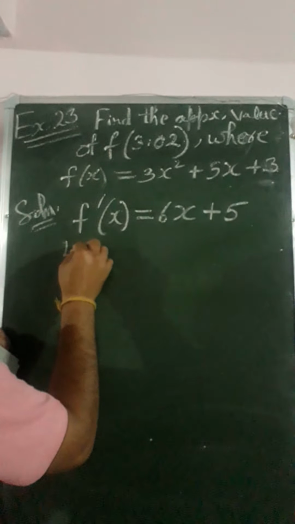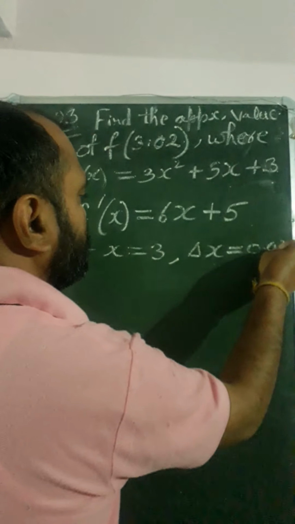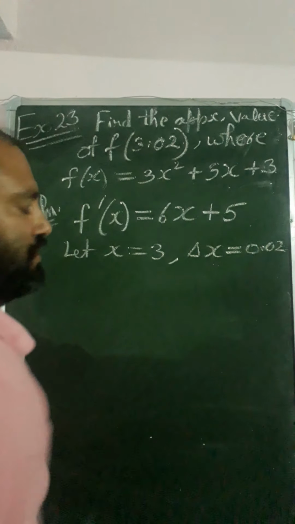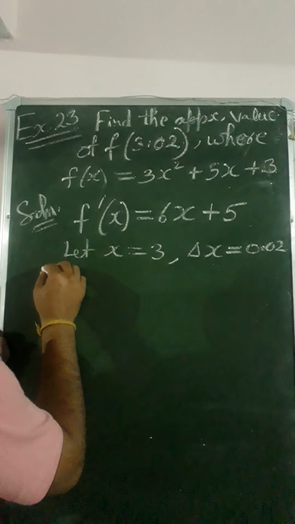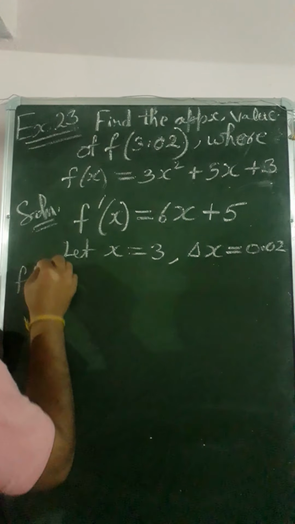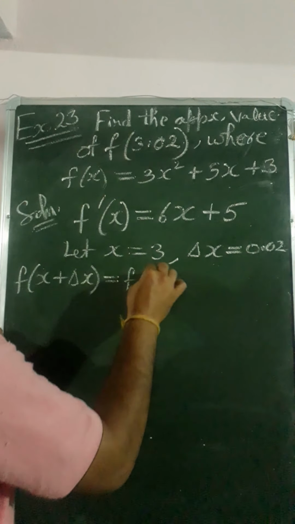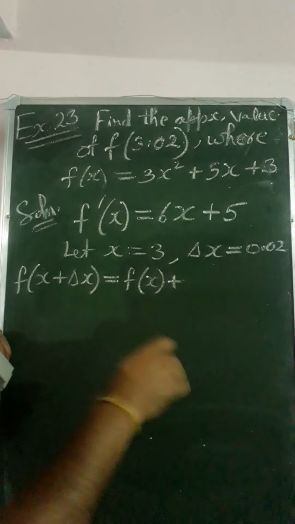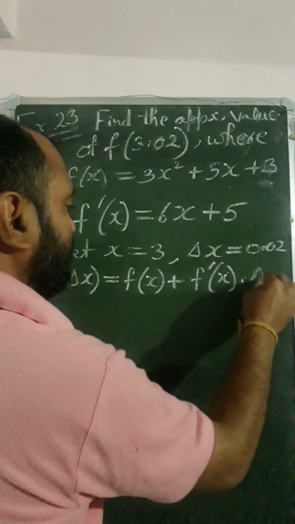Now let us break this as x and delta x again. Let x equal to 3 and delta x equal to 0.02, so that their sum is 3.02. Now we have the formula f of x plus delta x is equal to f(x) plus f dash x into delta x, again I am writing that formula.